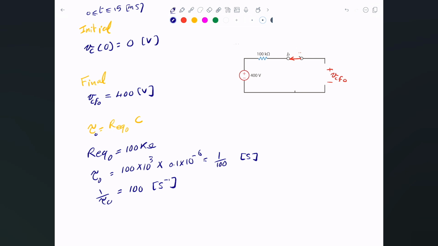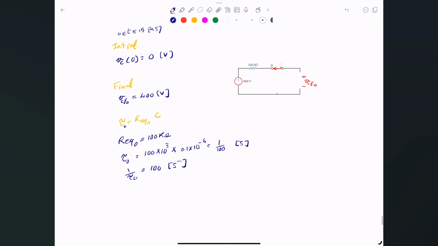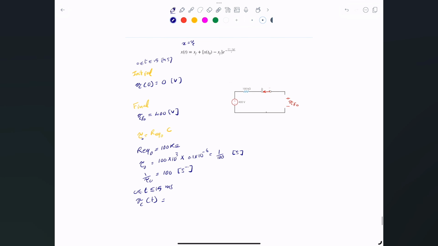I think we have everything we need to figure out the first expression for VC of t, for t between 0 and 15 milliseconds. All you have to do is substitute. The final value is 400, plus the initial value 0 minus 400, times e to the negative 100 times t minus t0, because that's the initial switch.